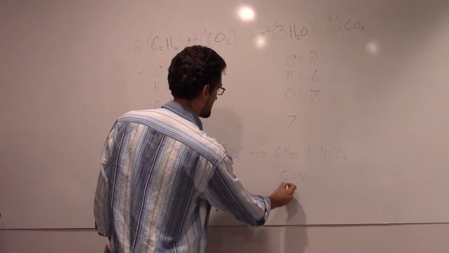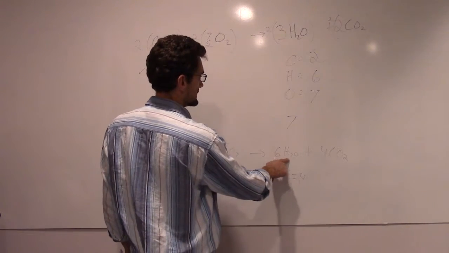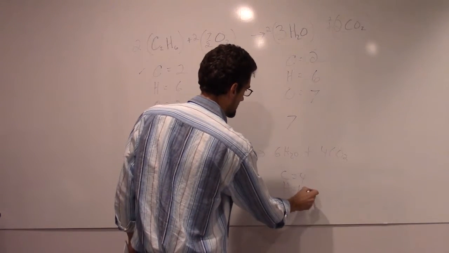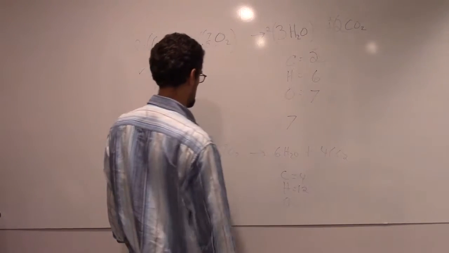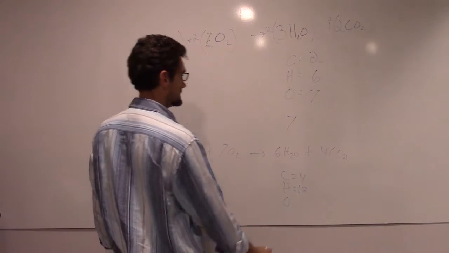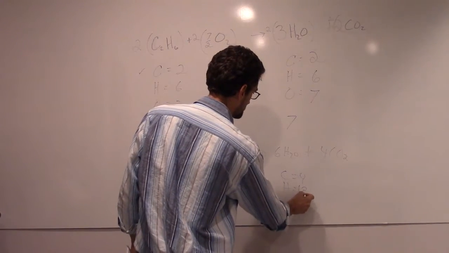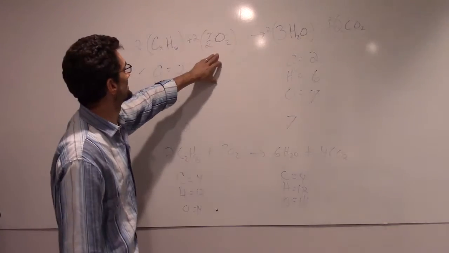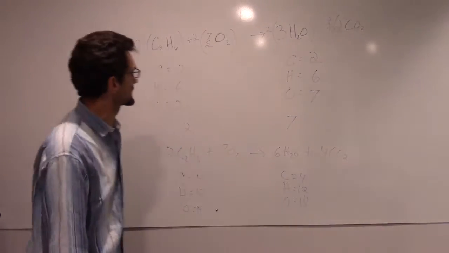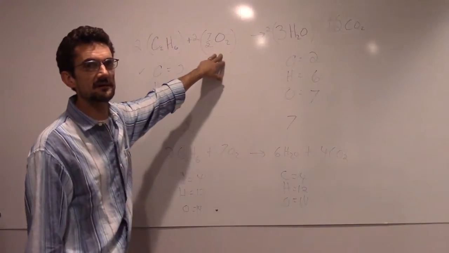How many hydrogens? 12. And how many oxygens? 6 plus 8 is 14. Look at that, it's balanced. We were able to do that so quickly because we did this little shortcut right here.